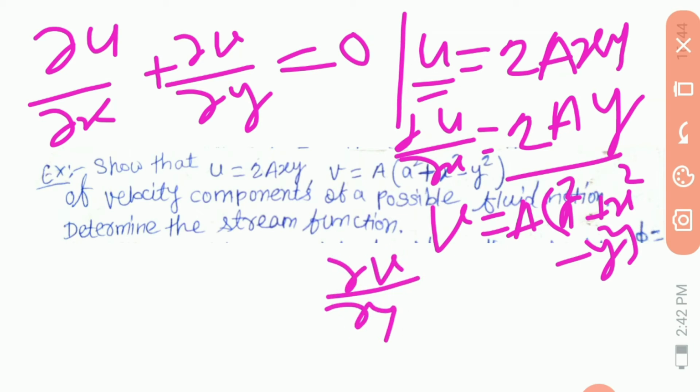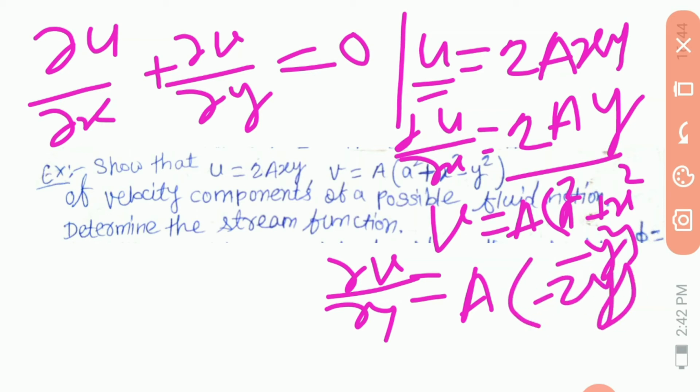Dou v by dou y is equal to a as it is, here a square plus x square minus y square. Here derivative of this is minus 2y, and derivative of a square and x square will be 0, because the derivative with respect to y of both is 0. So we have minus 2ay.